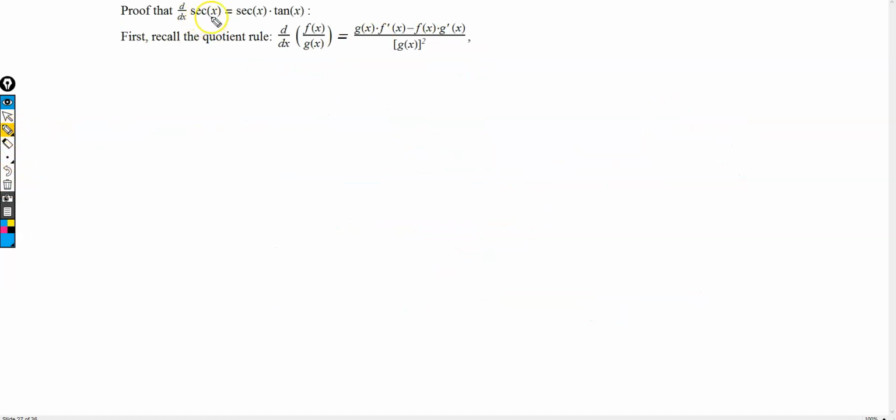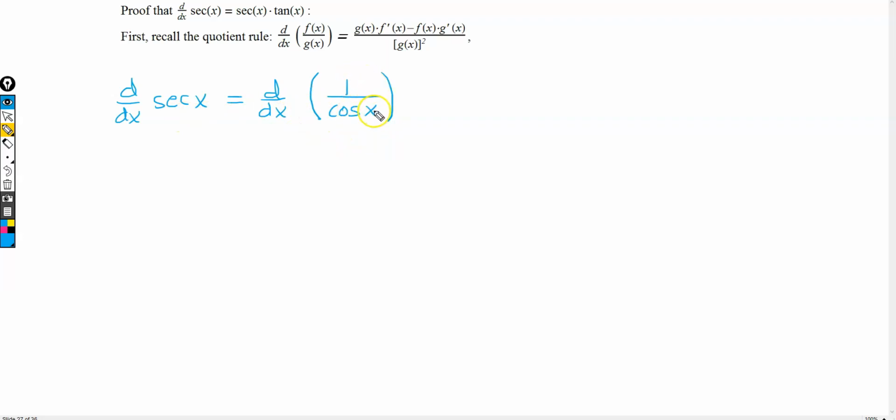Let's prove that the derivative of secant is secant times tangent. So if we start with, now secant is 1 over cosine. Secant is 1 over cosine.